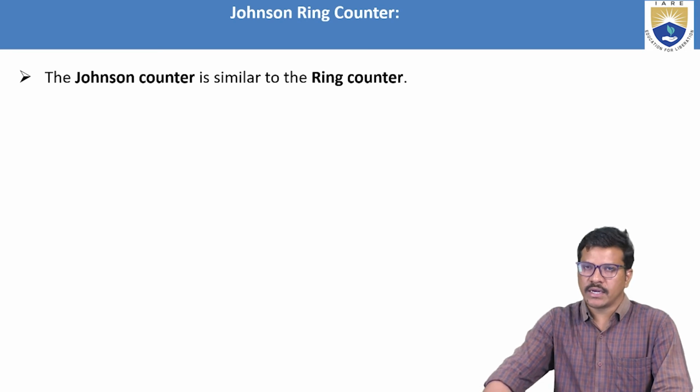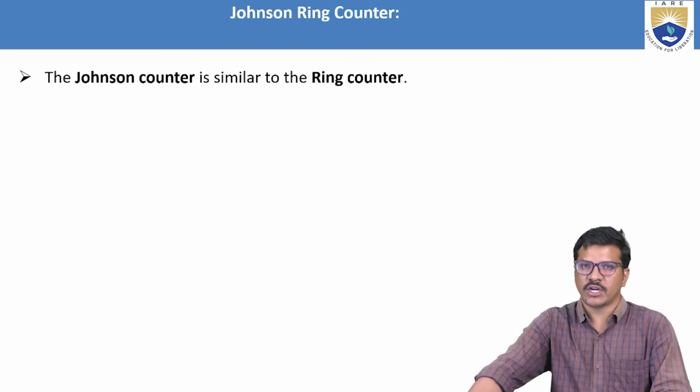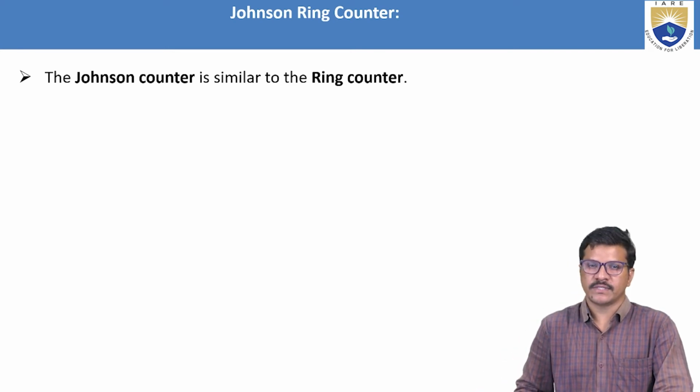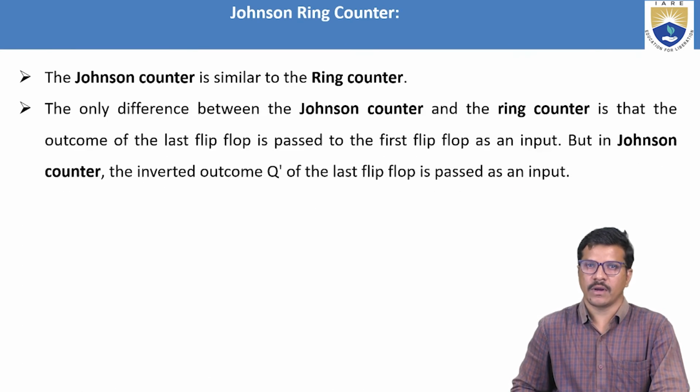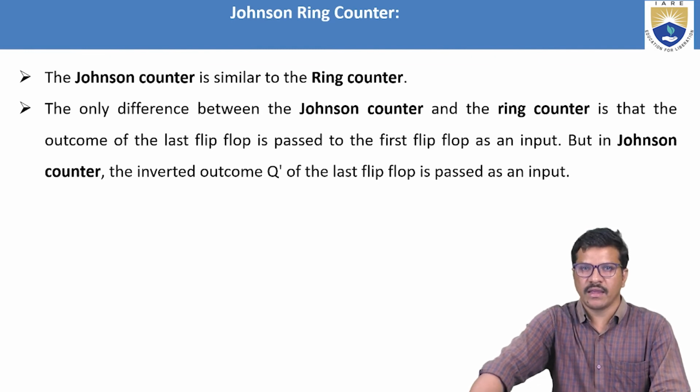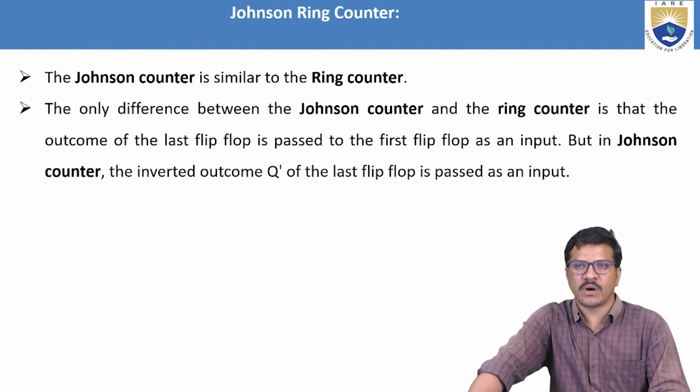Coming to the next counter, which is called the Johnson counter, which is also similar to the ring counter. Let us see what is the small difference between the Johnson counter and a ring counter. The only difference is that in a ring counter the output of the last flip-flop is passed to the first flip-flop as an input, whereas in a Johnson counter, the inverted output Q bar of the last flip-flop is passed as an input.